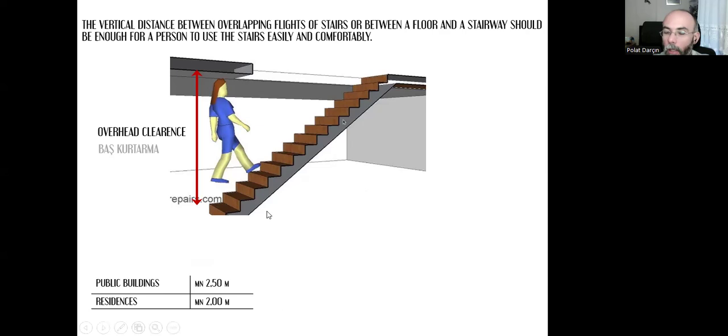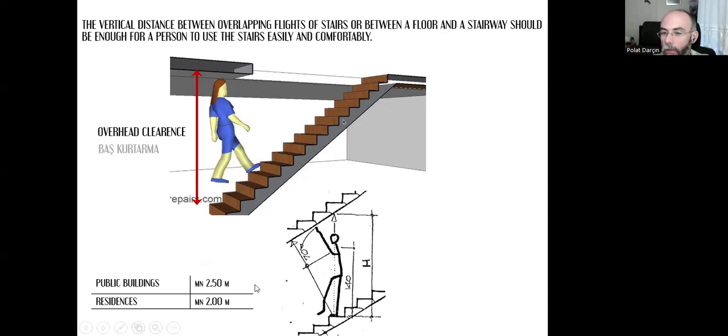But I don't recommend you to take those into consideration because the headroom is not enough psychologically, or if you are carrying stuff, these limits will not be enough for you. To use these stairs easily psychologically, let's say, this height needs to be bigger than our head, our normal height. It needs to be more than this portion.